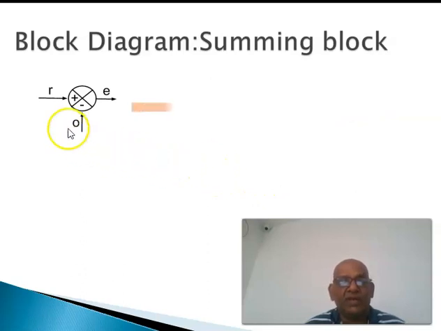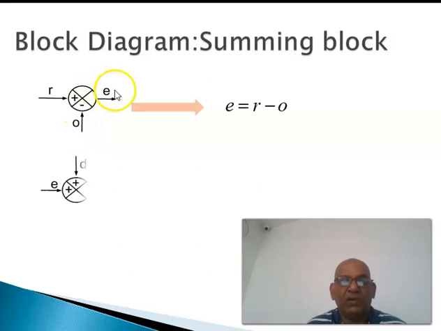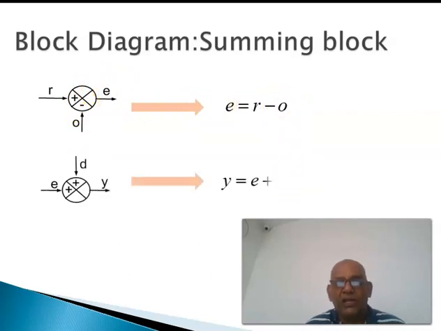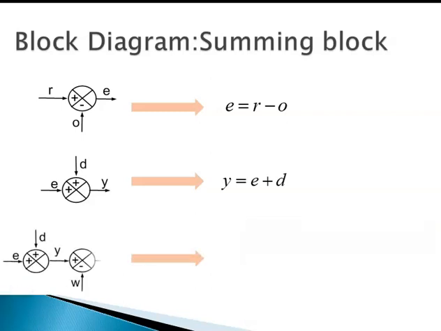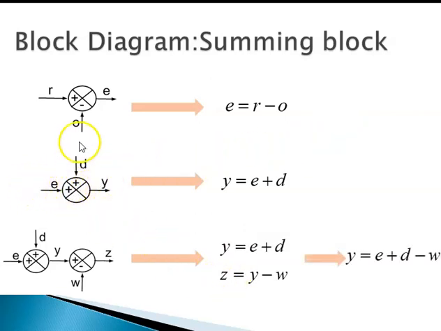One we have already seen: plus R, minus O, is equal to E. So E is equal to R minus O. Similarly, we can see a second example here: you have the summing block, with E with positive sign, D with positive sign, and Y the output. So Y is equal to E plus D.